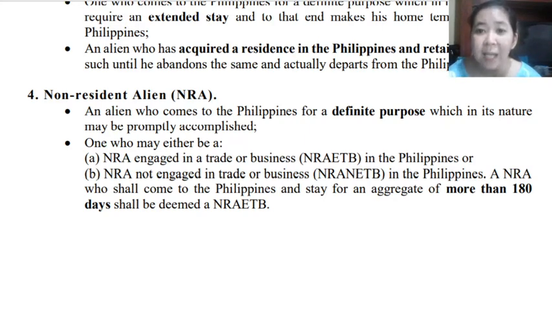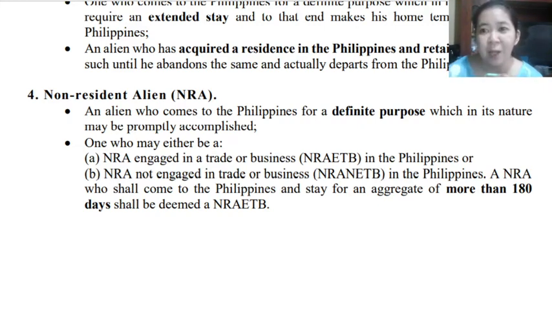But if his stay will be more than 180 days, then he shall be classified as a non-resident alien engaged in trade or business. So that is our point of determination.